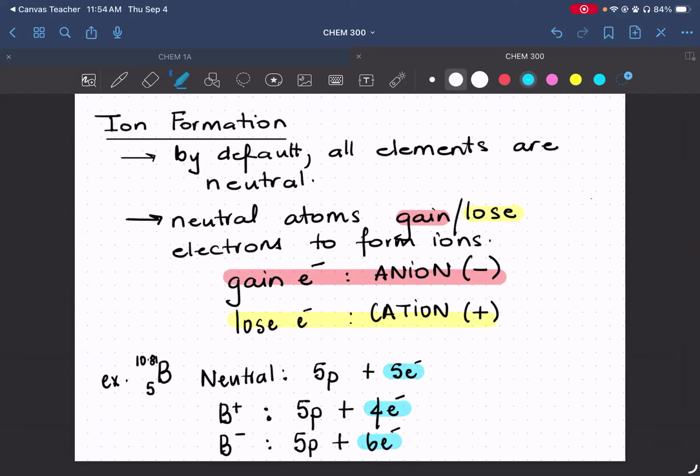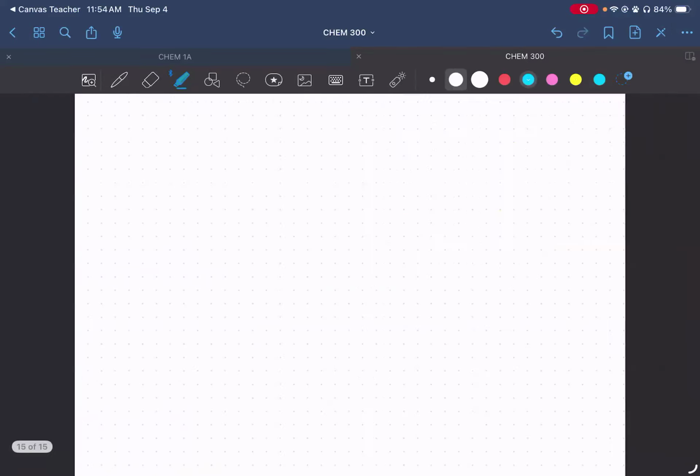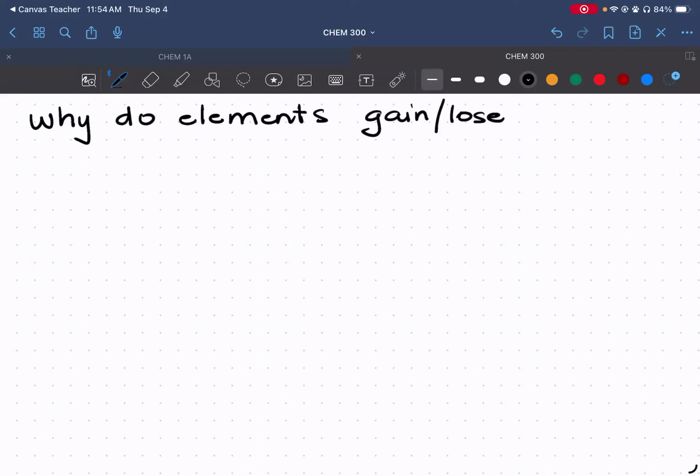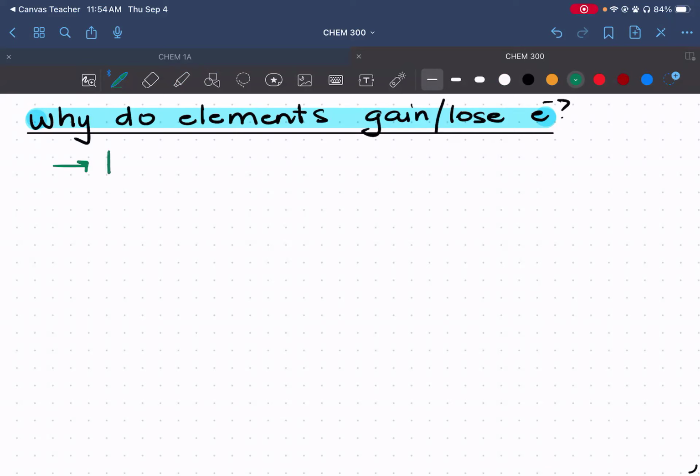Now that we've acknowledged that atoms can gain or lose electrons, the question, of course, is why do elements gain or lose electrons? The simple answer is because of group 18.